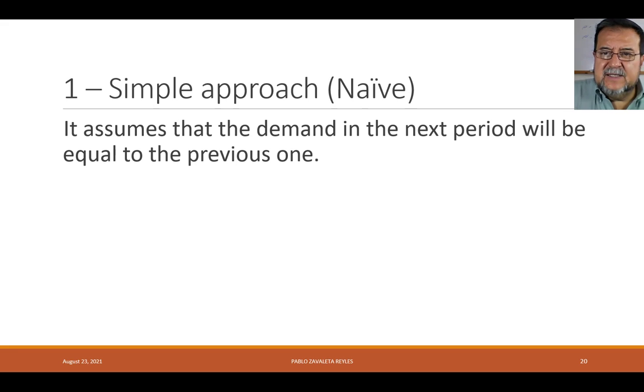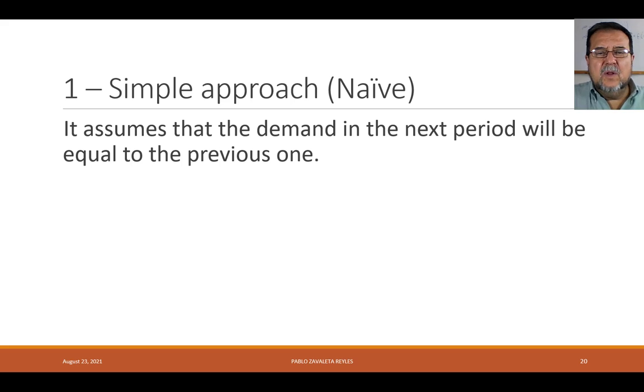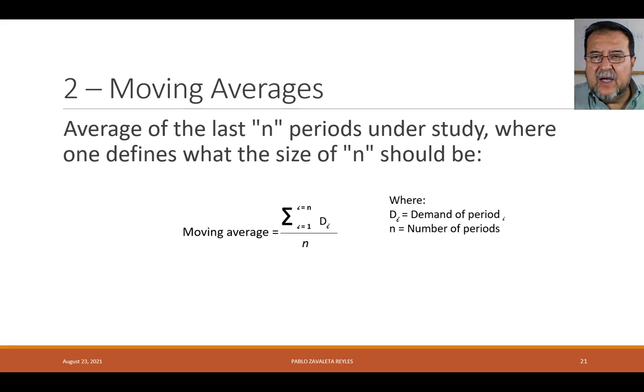Naive, as I said before, we assume that the next period will be the same as the previous one. There's no magic there. In moving averages, we take the last 2, 3, 5, whatever periods we define, and we get the average. Tomorrow we'll grab the last n periods.